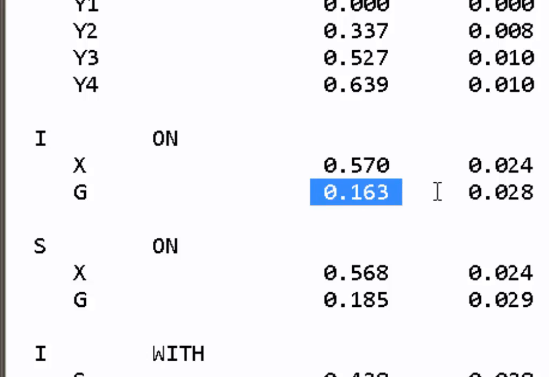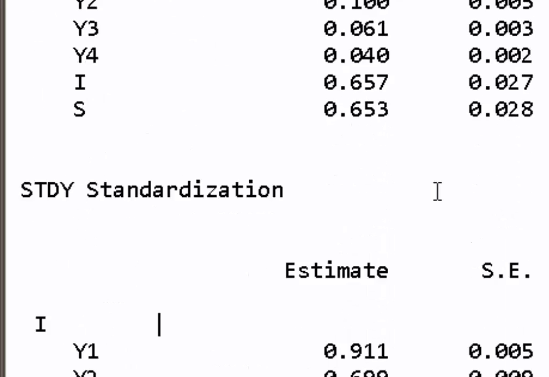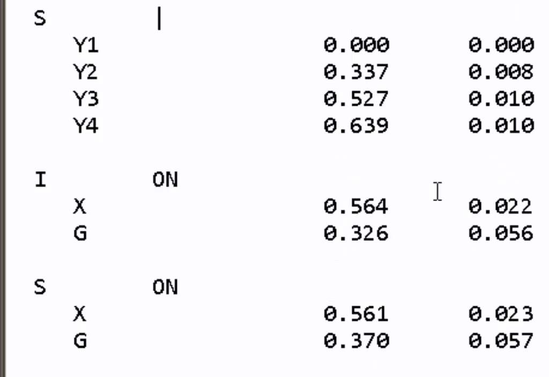And remember, G is 0, 1, male, female. And so what's a standard deviation difference in male or female? It's a little bit hard to say. So this standardized parameter estimate isn't going to be helpful as a descriptive variable. But STDY, which is standardized, the X is missing from that, right?